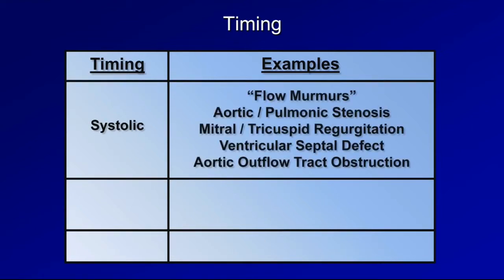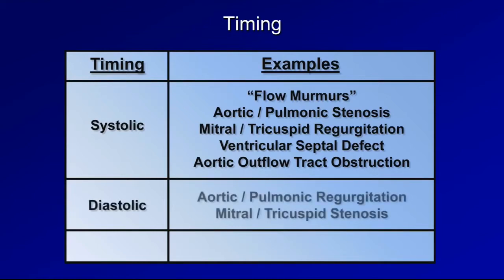Etiologies include flow murmurs caused by hyperdynamic states or anemia, aortic and pulmonic stenosis, mitral and tricuspid regurgitation, VSDs, and aortic outflow tract obstruction, which can be caused by hypertrophic obstructive cardiomyopathy. Diastolic murmurs include aortic and pulmonic regurgitation and mitral and tricuspid stenosis.